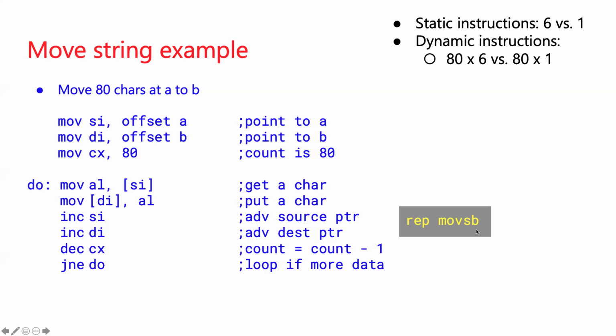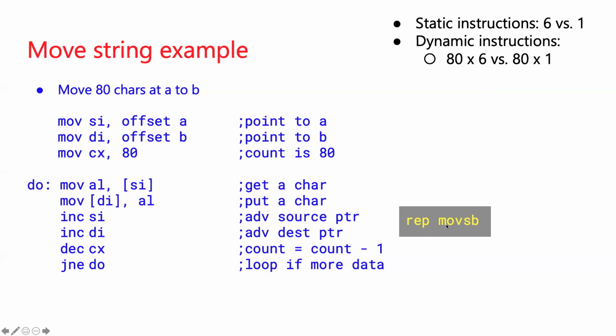Whereas with this instruction over here, we fetch and decode it once, and then it still has to access memory 80 times. But while it's doing that, the processor isn't having to go fetch the next instruction, and then the next instruction, and then the next instruction. It's already got its instruction. It's just running the various steps of copying those bytes all in microcode.